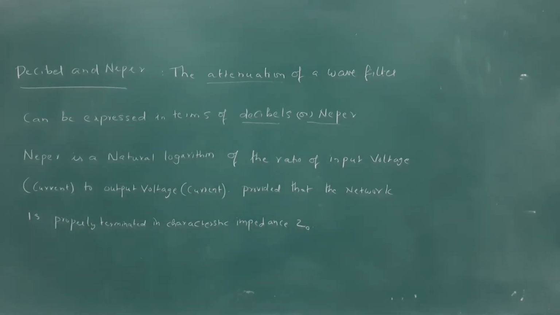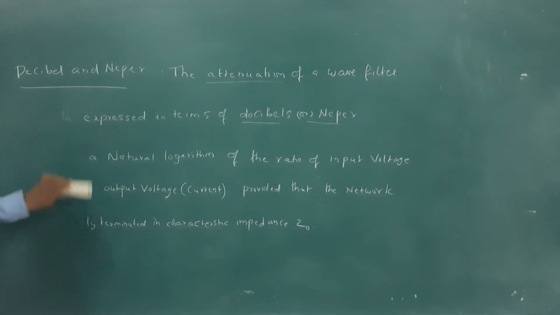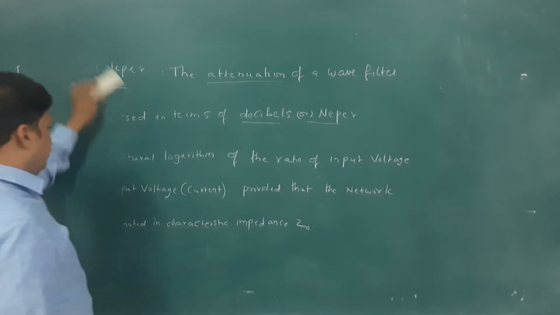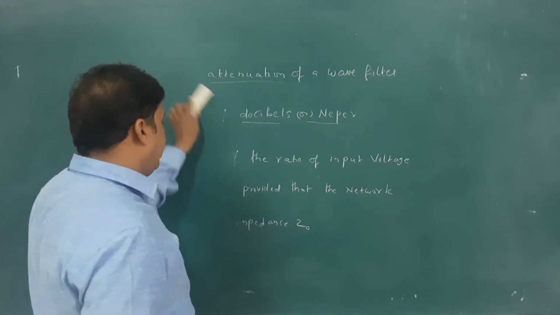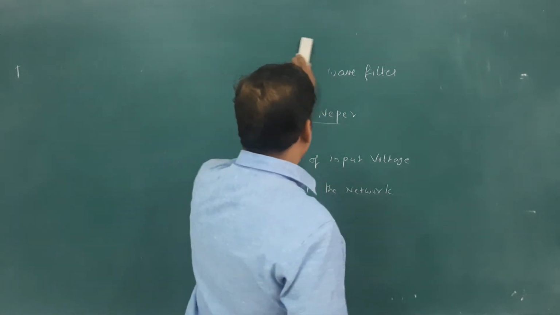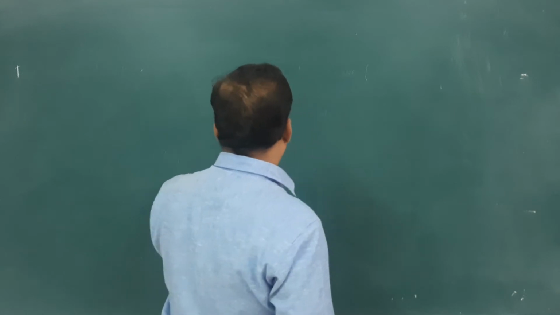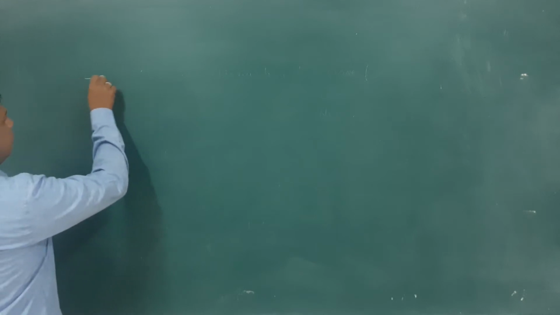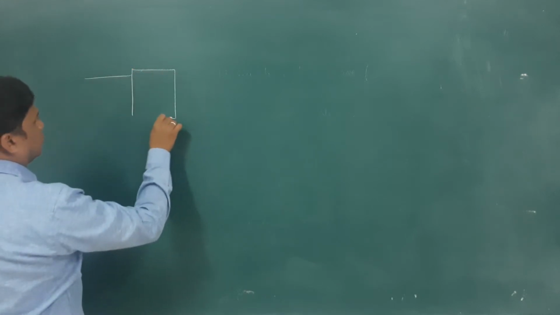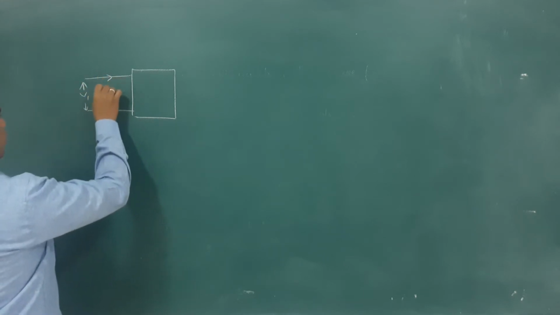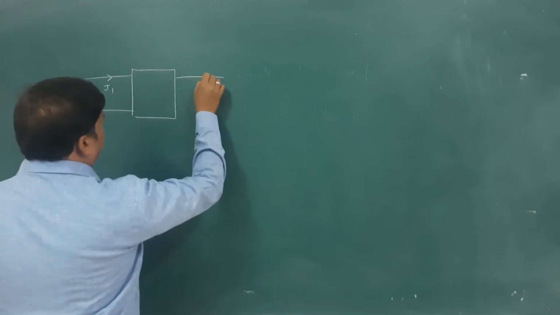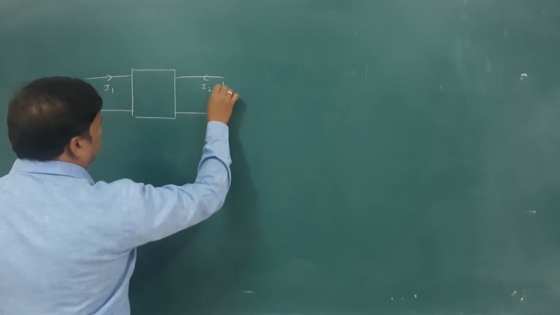Now we will see how the Neper is expressed in terms of the ratio of voltage and current. It is a two-port network, where we have V1, I1 and here I2 and V2.